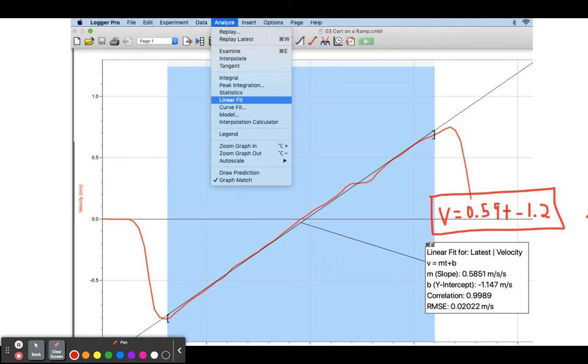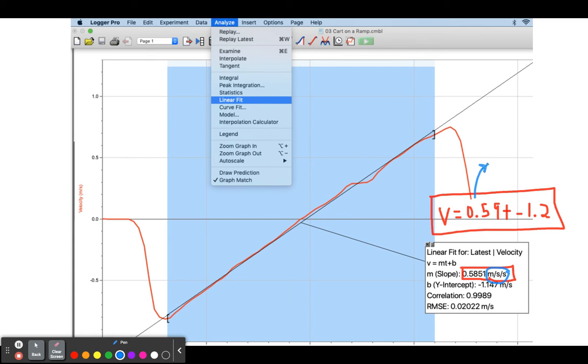Okay, that's my velocity as a function of time. You'll notice here that it's giving you the slope of this line for you. And you'll notice the units on that slope, right? So the slope of a velocity versus time graph is our acceleration rate. And we can tell that by these units here.